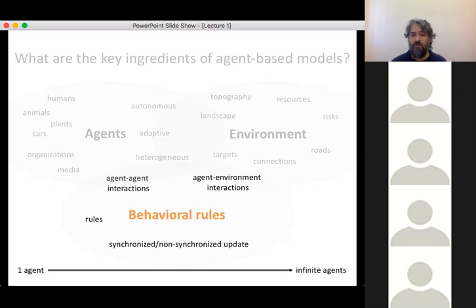Another reason to not synchronize agents could be that your simulation is not in discrete time steps. You could have a continuous simulation, and that often is the case when you use very large simulation platforms, because you might have different computers simulating different agents, and they interact at random times, so you don't have a natural sequence of time steps, and then you might want to use non-synchronized updates.